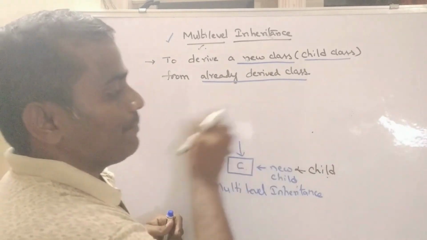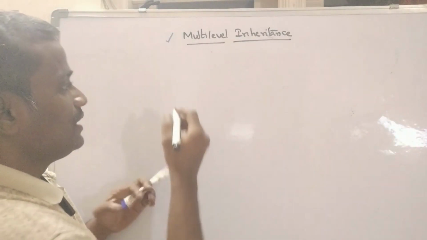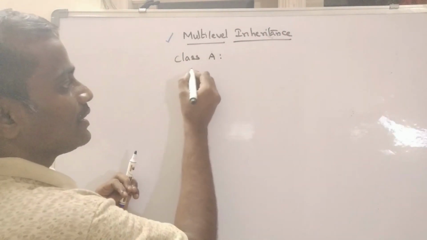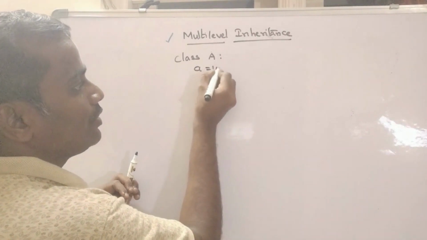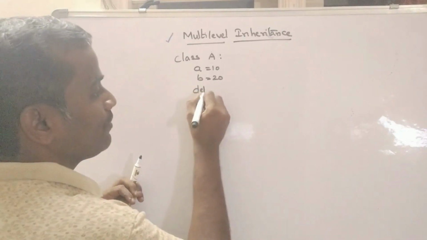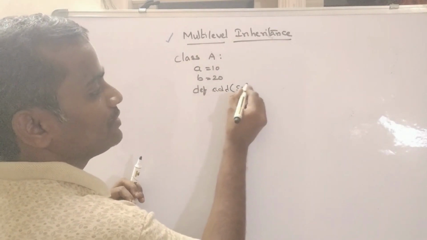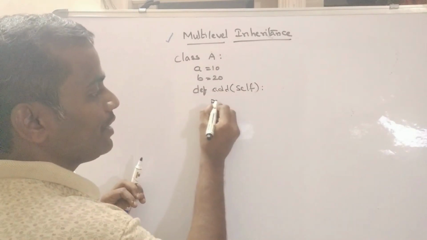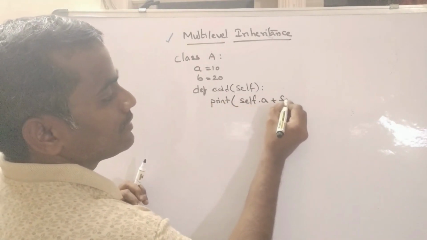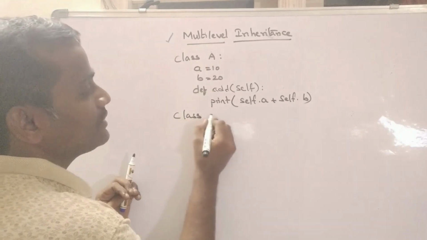Now we will see an example for multi-level inheritance. Simply, we create a class A. In class A I have some variables, suppose a equal to 10, b equal to 20, and I define a function to perform addition. Using self as the argument, we print self.a plus self.b.